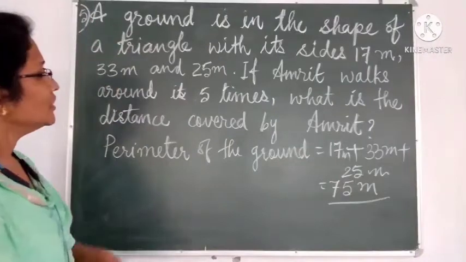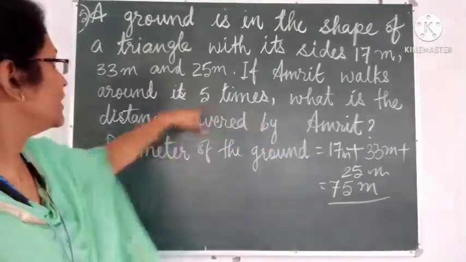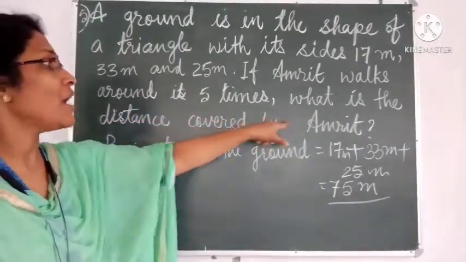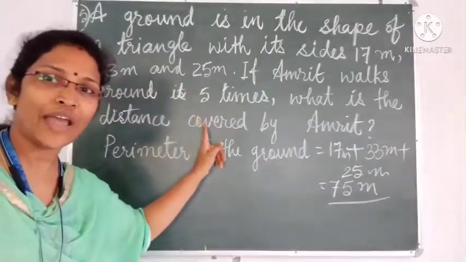Now, what do we have to find out? The distance covered by Amrit. How many rounds did he take? 5 rounds.